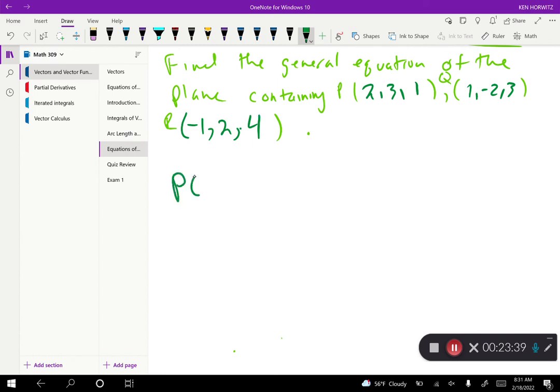So I'm going to ask you to get vectors PQ and PR. This is the first skill that we're recalling from prior sections. So pause the video, get the vectors, and I'll talk about the answer on the back end.